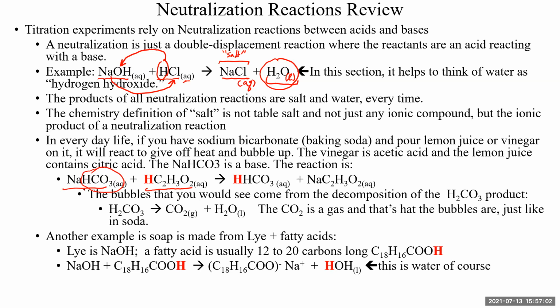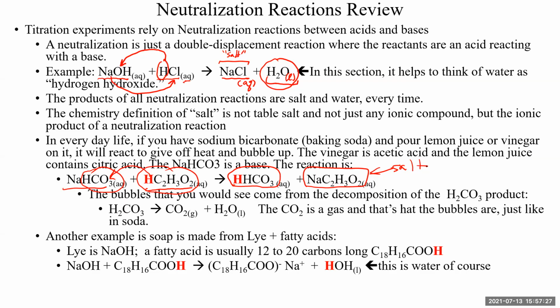So bicarbonate is our base and acetic acid is our acid. So the hydrogen can join the bicarbonate to make carbonic acid, or hydrogen bicarbonate, and sodium acetate. Sodium acetate in this instance is our salt.